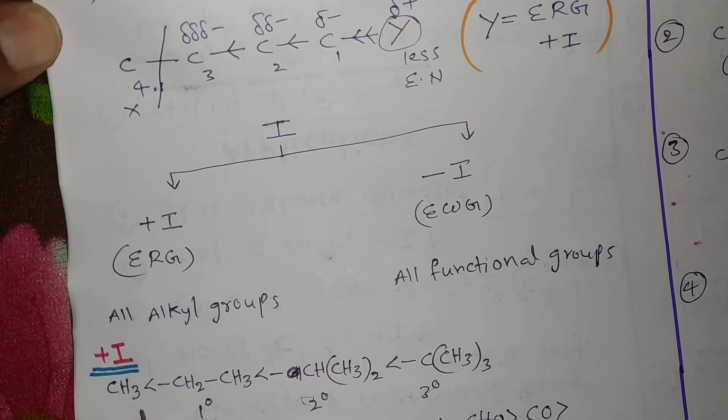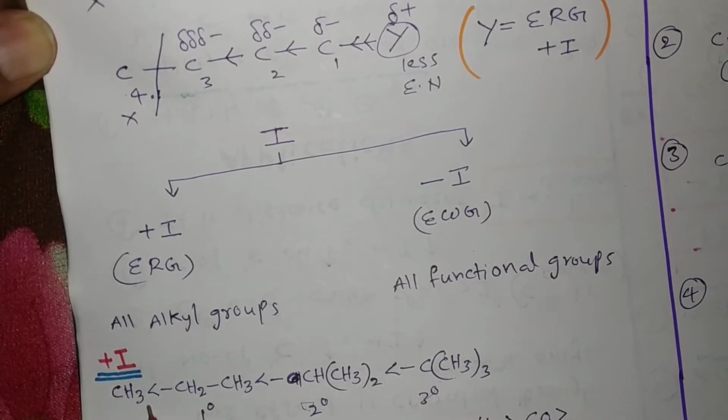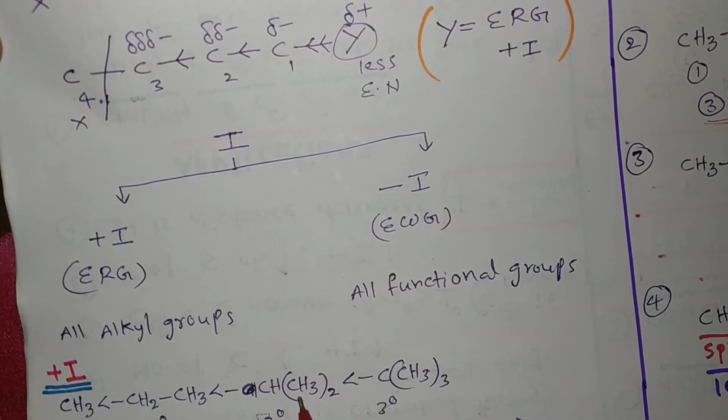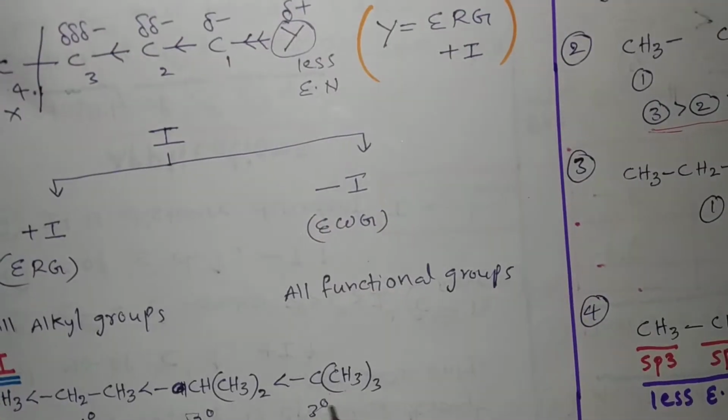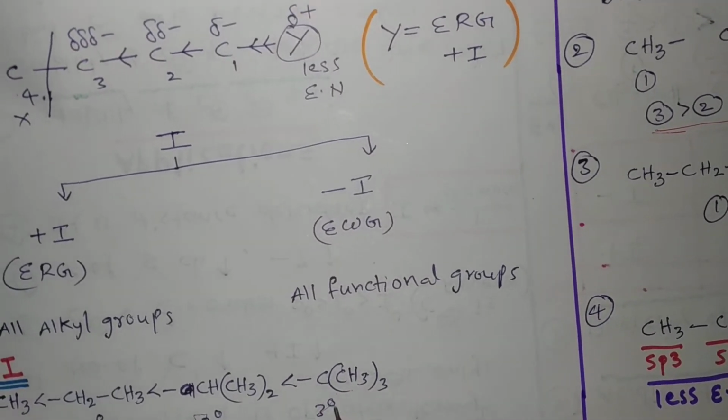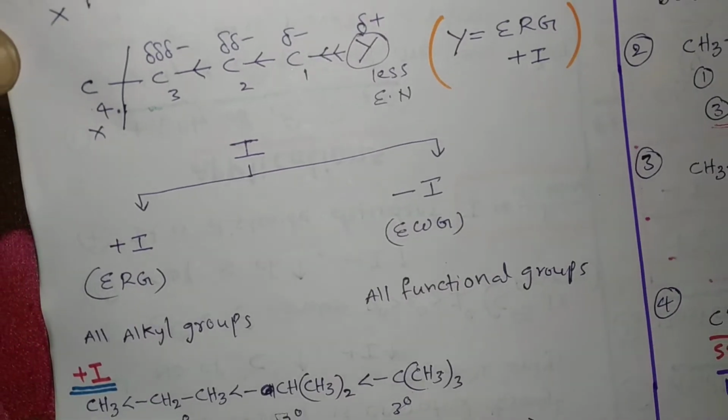Plus I order: CH3, CH3CH2, (CH3)2CH, (CH3)3C, that is primary, secondary, tertiary.